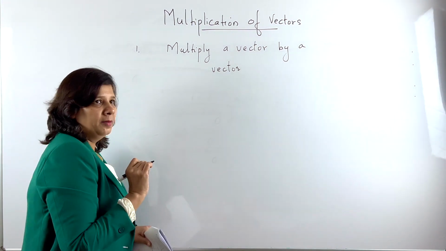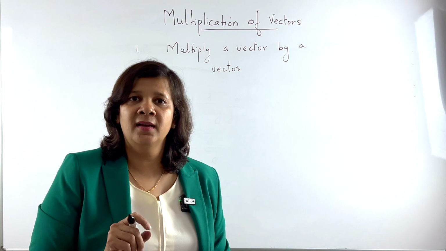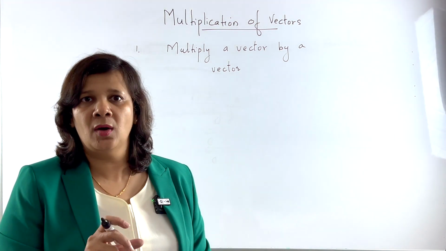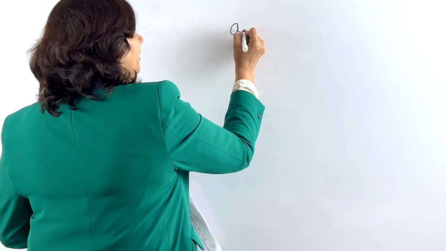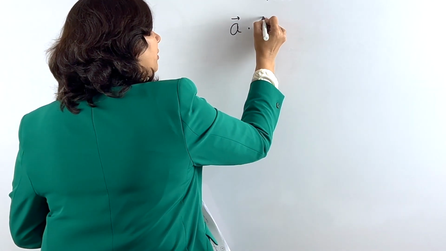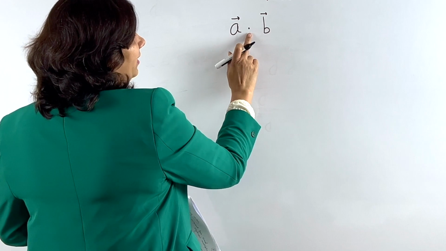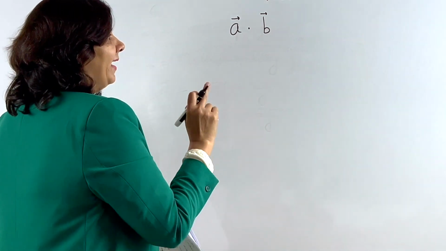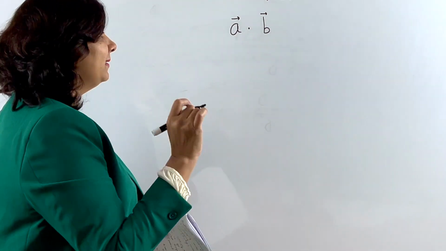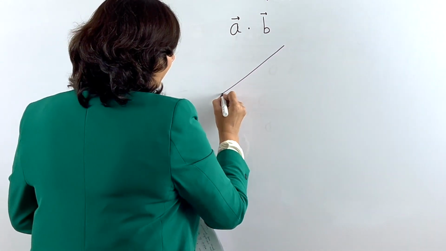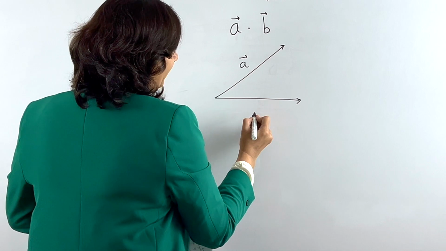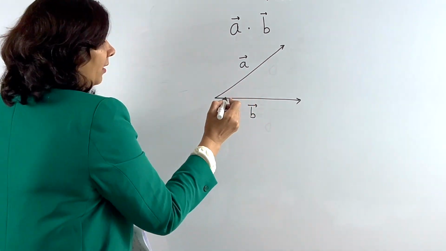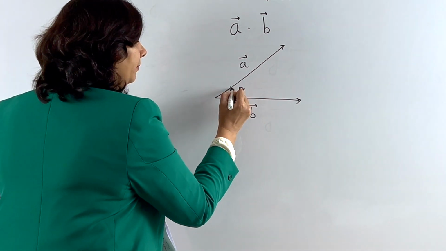Okay. So now this multiplication is known as dot product of two vectors or scalar product of two vectors, and we write this as A dot B. Okay, this is called dot, and this scalar product is defined as, I will take two vectors here, vector A, vector B, with angle theta between them.